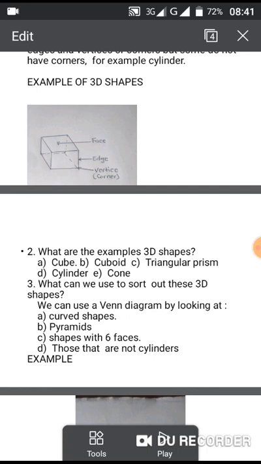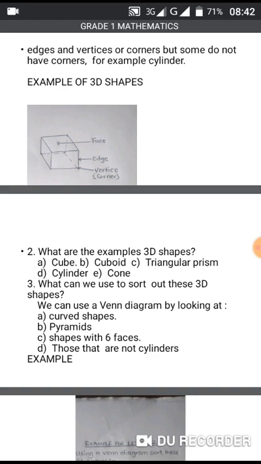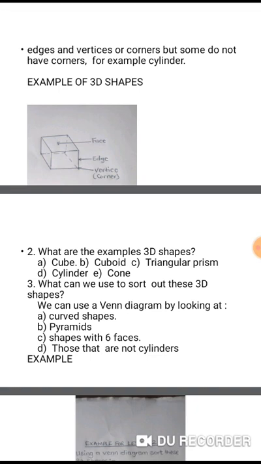And then the lines which are making up that box are known as edges. And then the corner where I'm pointing at is known as the vertex. So all corners there are vertices. So this is just an example of 3D shapes.